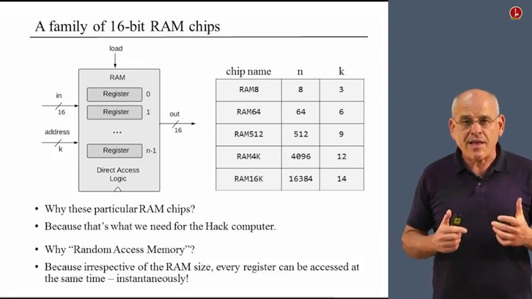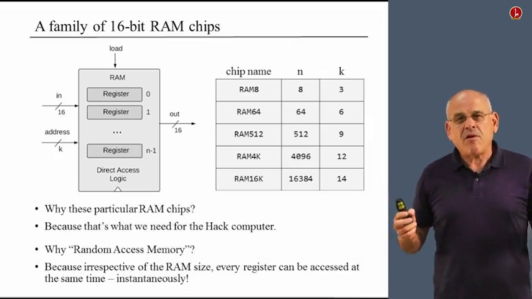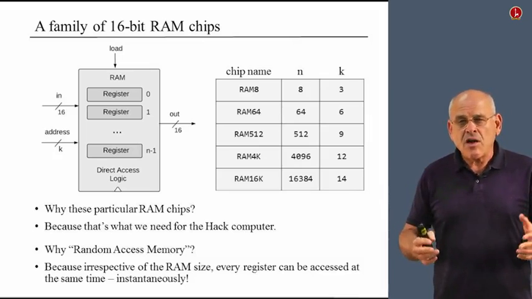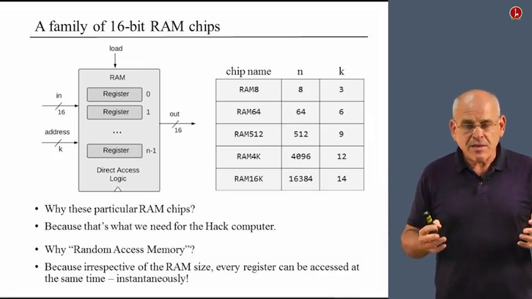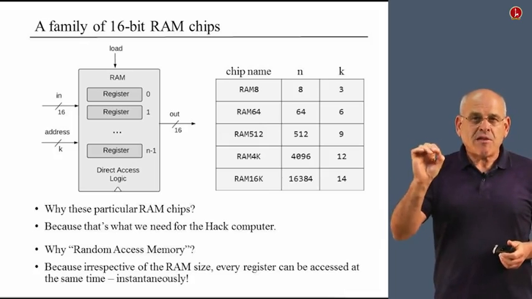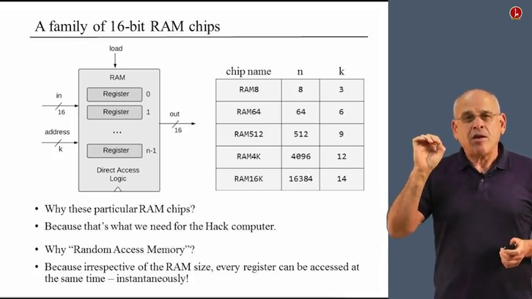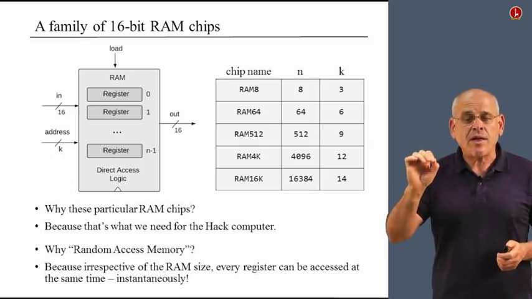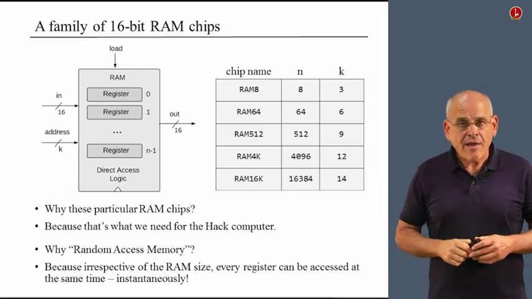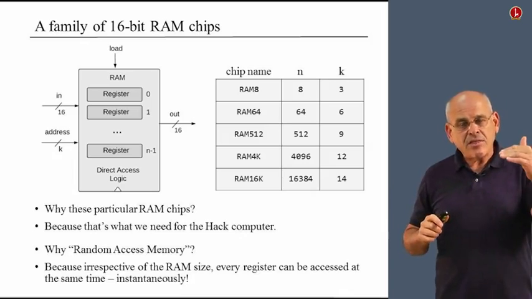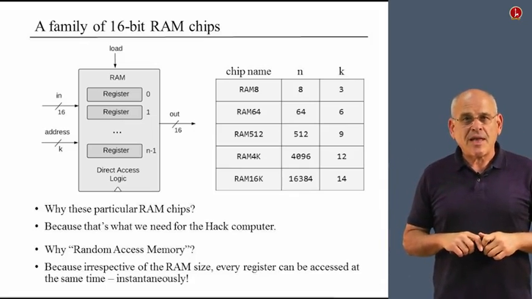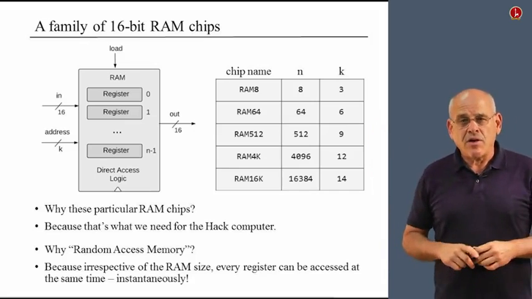And here is what actually happens. Irrespective of the size of this chip, irrespective of whether it has 8 registers or 8 million registers, I can select every register from this chip and apply an operation on it in exactly the same access time, which is truly remarkable. All I have to do is enter the address of this register into the address input, and boom, this register is going to be selected, and all the other registers are going to be ignored.